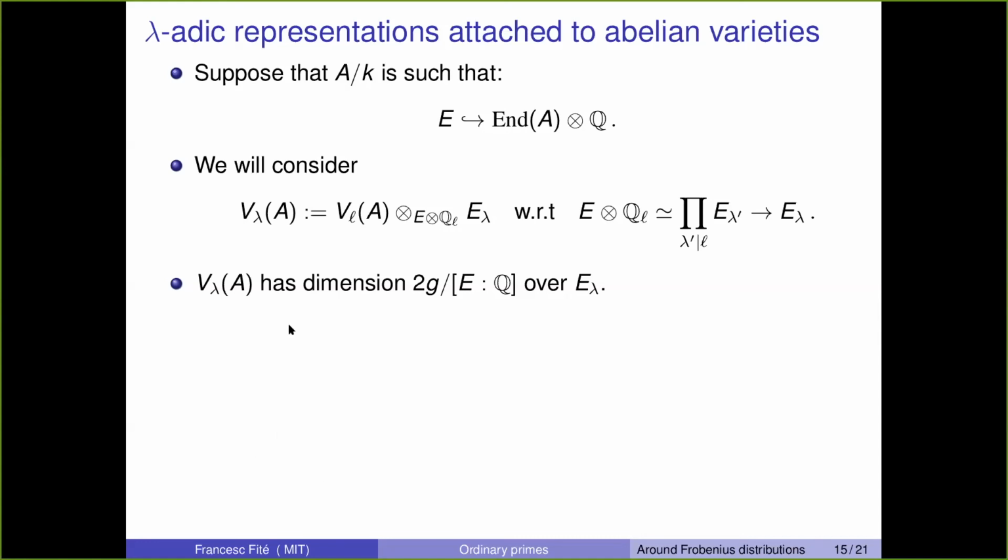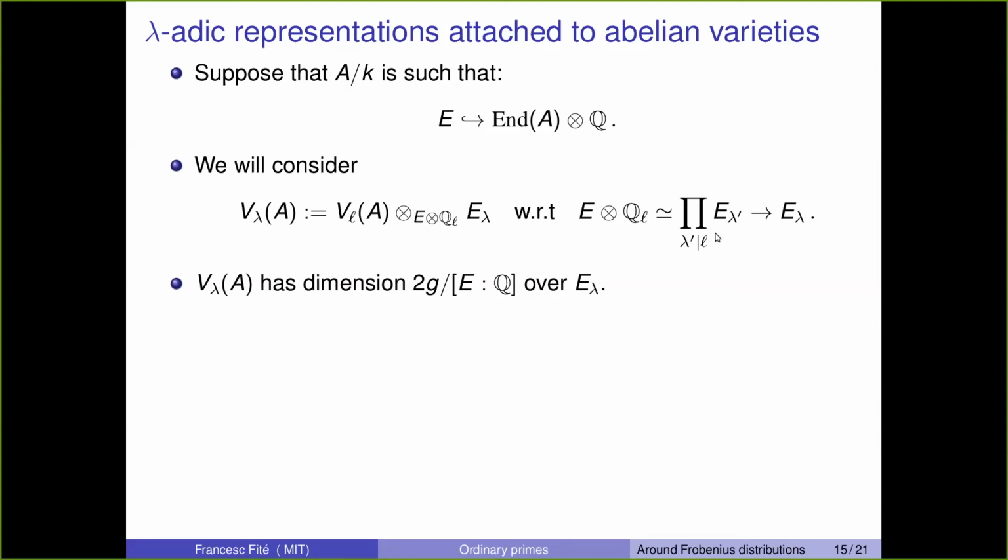So I take the tensor product of the l-adic Tate module of A, V_l, with the completion of E at lambda over E tensor Q_l. And maybe I should specify which Q_l-algebra map I'm considering here to take this tensor product. Which Q_l-algebra map from E tensor Q_l to E lambda.